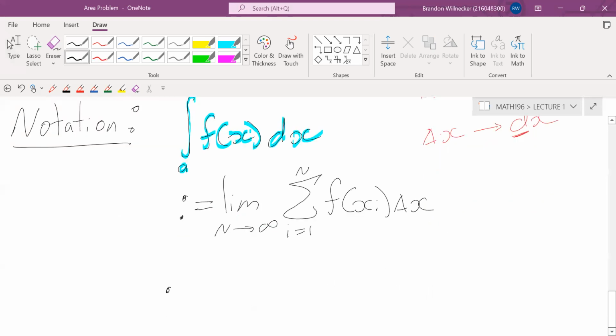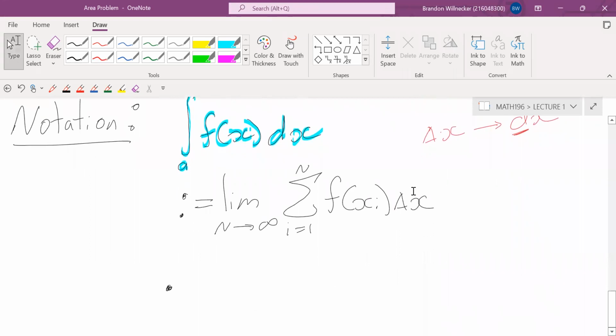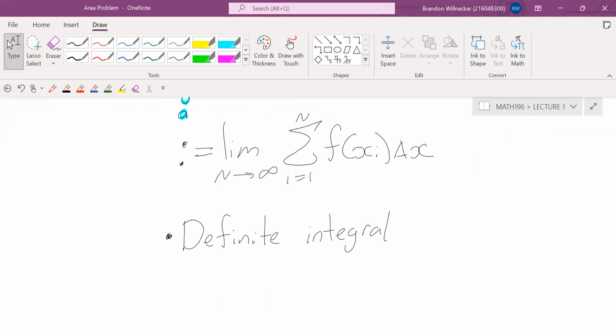Another way of saying it, this notation here in blue, we call a definite integral. The reason we call it a definite integral is because this type of integral gives us a definite value, gives us the area under the curve.